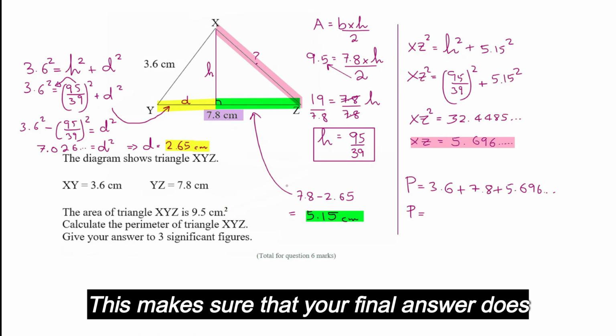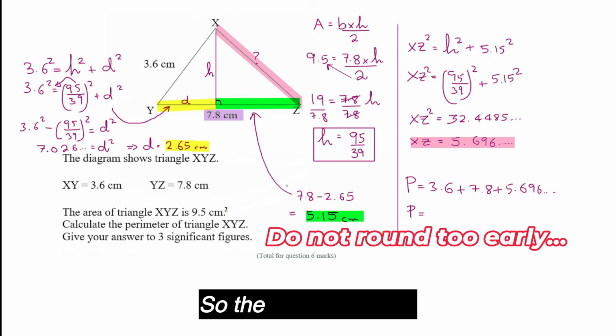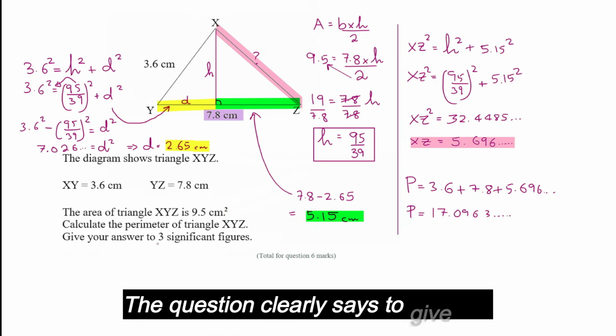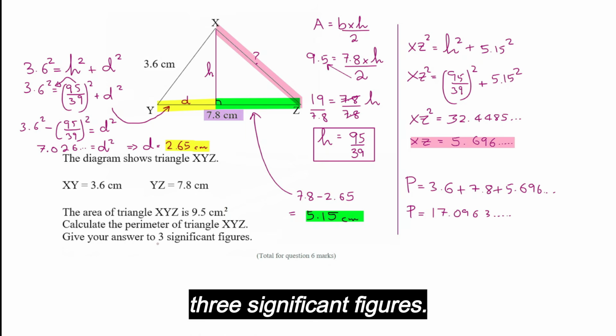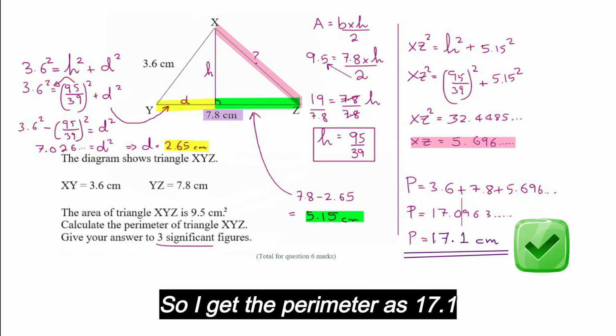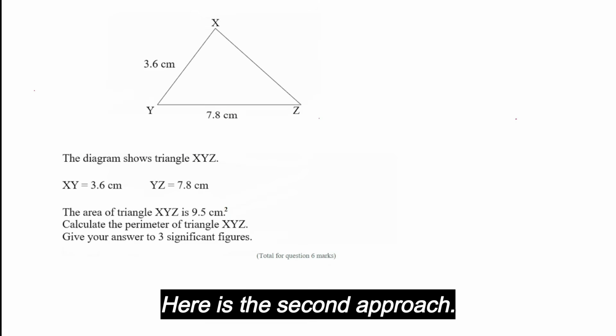This makes sure that your final answer does not deviate from the real answer. So the perimeter here is 17.0963. The question clearly says to give it to 3 significant figures, so I get the perimeter as 17.1 centimeters. That's method 1. Here's the second approach.